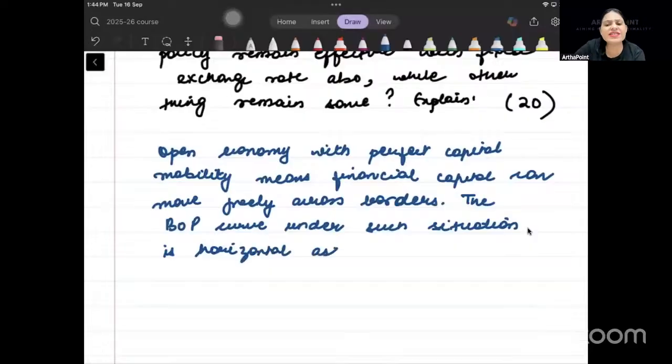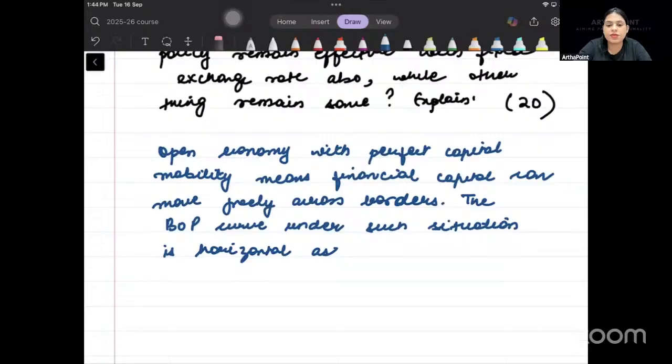So why is the balance of payment curve horizontal? Because very small movements in interest rate can cause huge movement in the capital, perfect capital mobility. So that's the reason that the BP curve is horizontal. Let's write one line on this also.